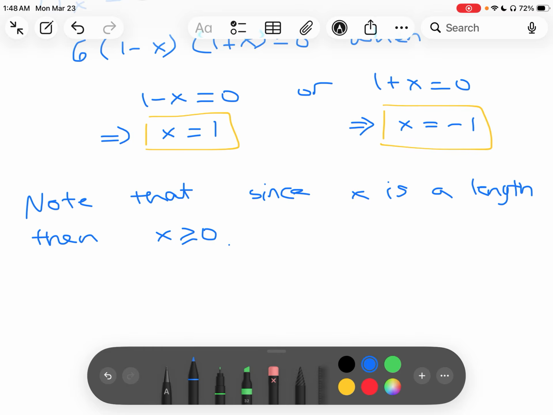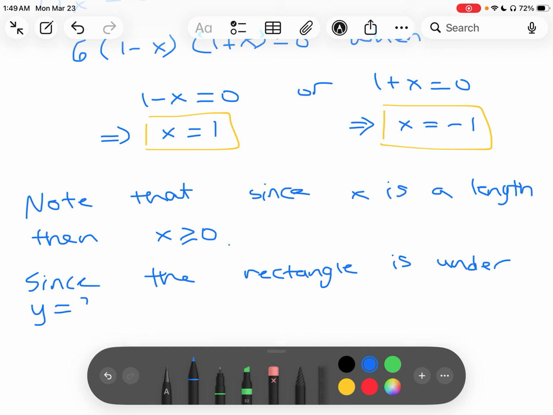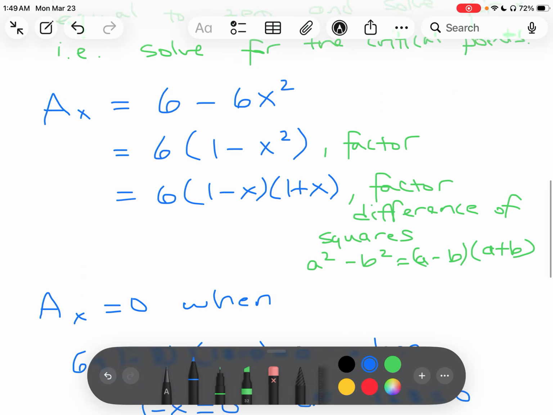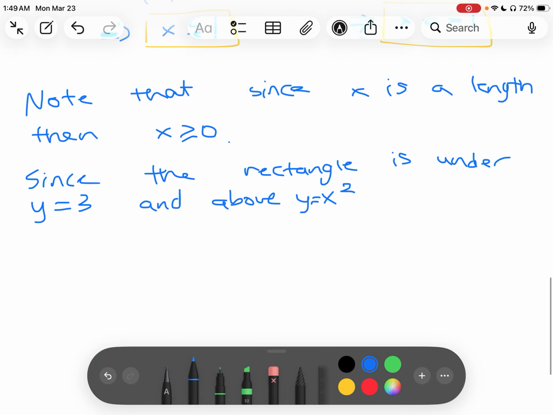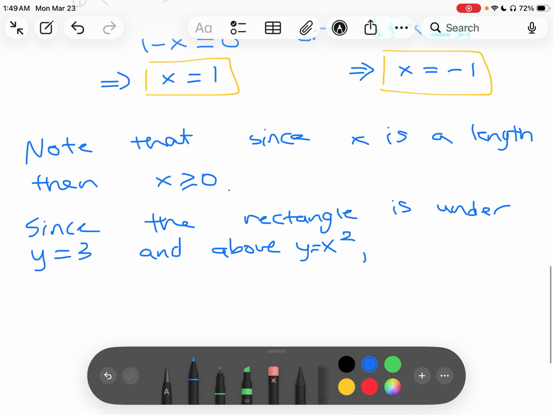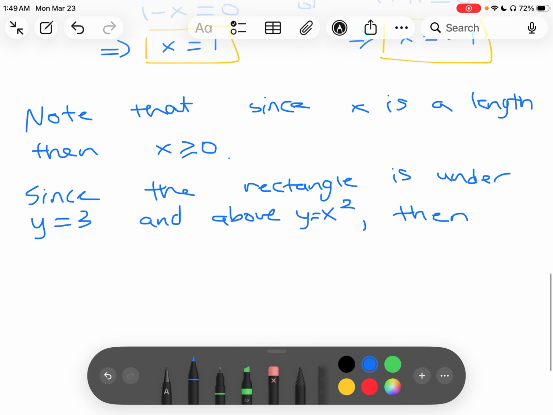And then also, since the rectangle is under y equals 3 and above y equals x squared, then what is the condition for x?